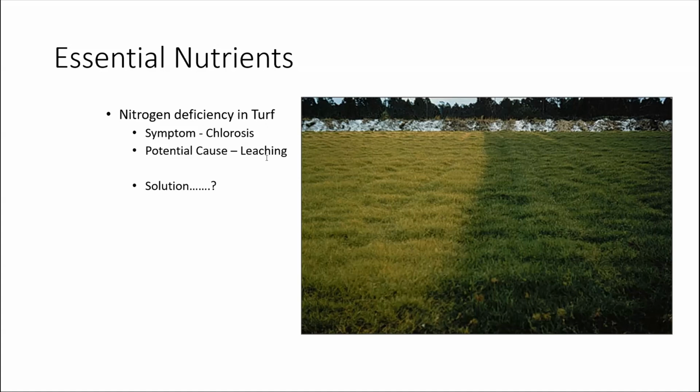Sandier soils do not have a wonderful ability to hold on to nutrients, and they don't have a wonderful ability to hold on to water either. Whereas clay soils have this incredible ability to hold water and nutrients, but typically in a way that makes it challenging for plant growth.